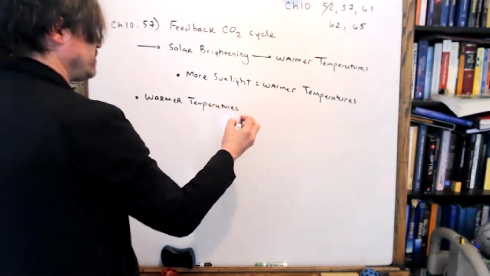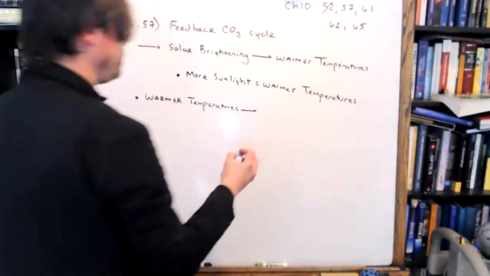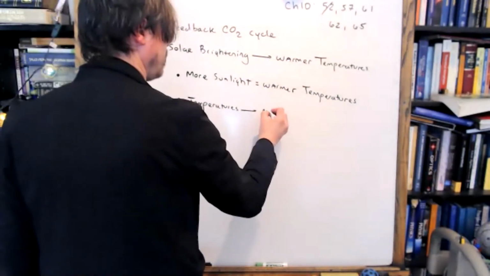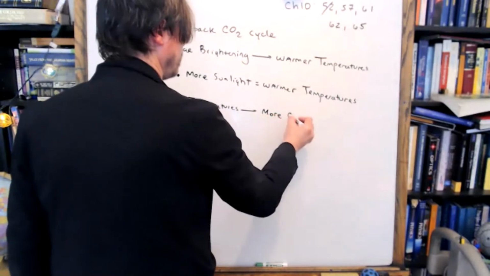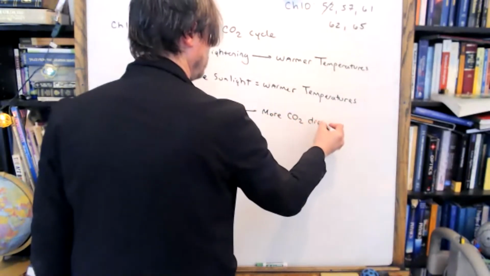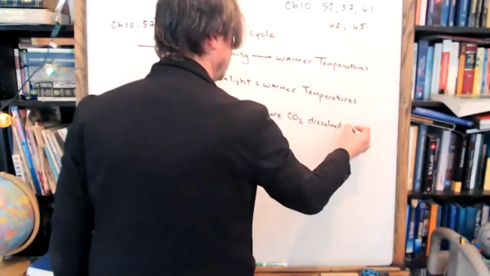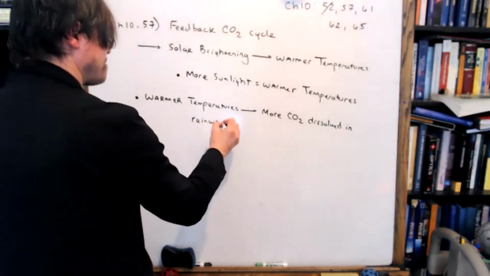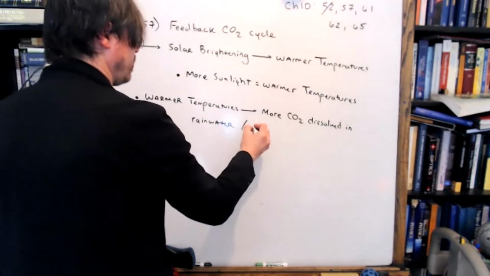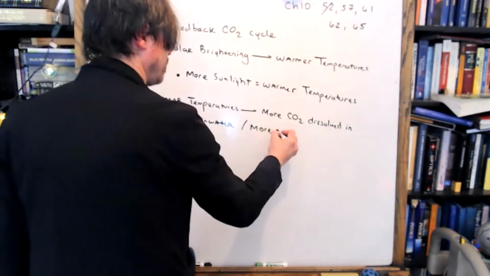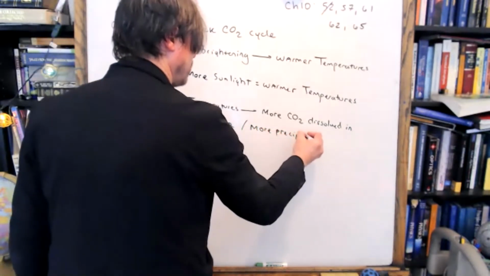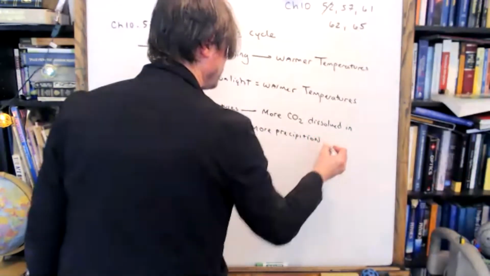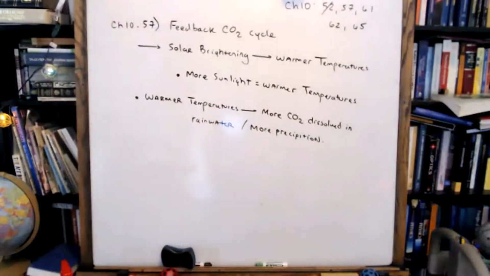Warmer temperatures lead to more CO2 dissolved in rainwater, and also more precipitation, storms, and other effects.